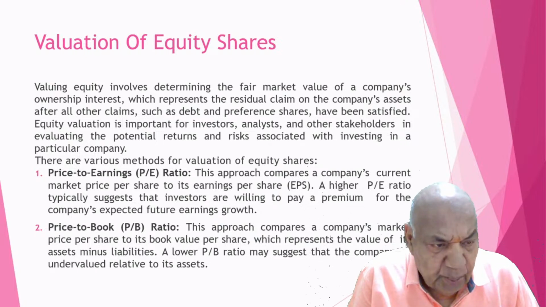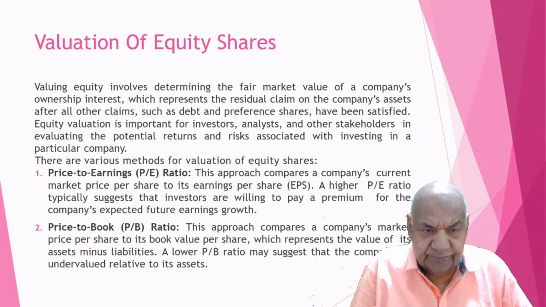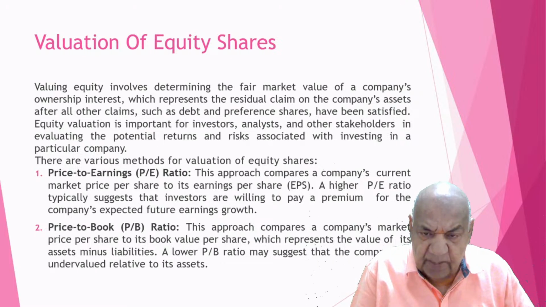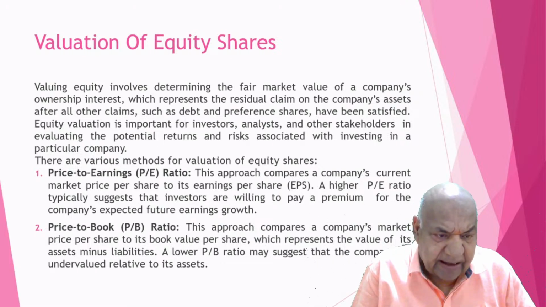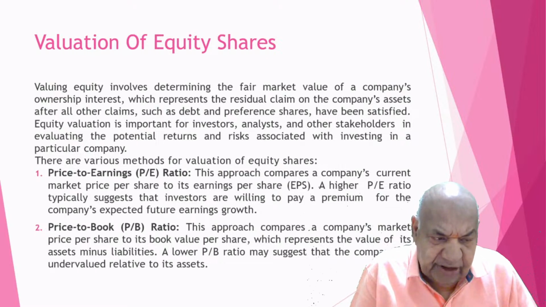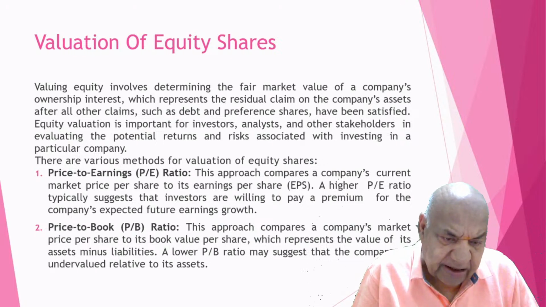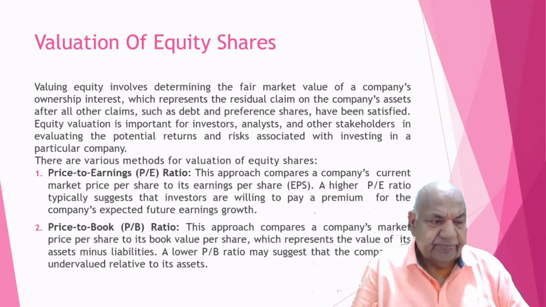Number one, price to earning ratio. This approach compares a company's current market price per share to its earning per share. A higher PE ratio typically suggests that investors are willing to pay a premium for the company's expected future earnings growth.